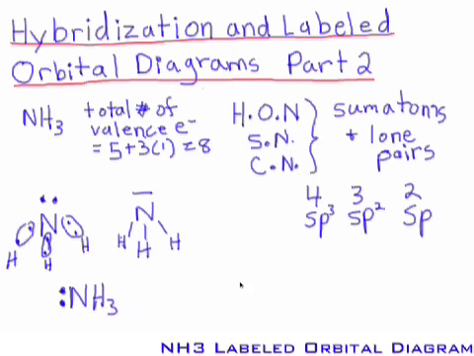This allows me now to draw my nitrogen in a labeled orbital diagram by drawing the sp cubed shape. Okay? I can put in my H's. And I can put in my electrons.